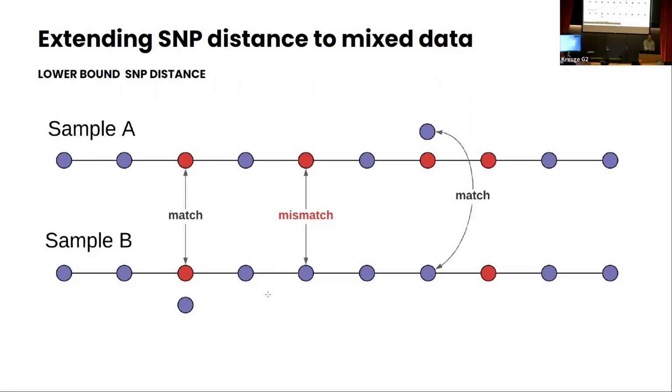In the first example on the left, you have two matching red alleles at the consensus level, and then a minority allele that's a purple allele. In the middle, you have a mismatch where there's a red and a purple at the consensus level and nothing else. But on the right, you have a red at the consensus level in one sample and a purple at the consensus level in the other sample, but there's a corresponding purple at a minority level in the first sample. That one we would count as a match because there was plausibly a match between those two samples. So in this example, again, we've got a SNP distance of 1, but it's a lower bound.